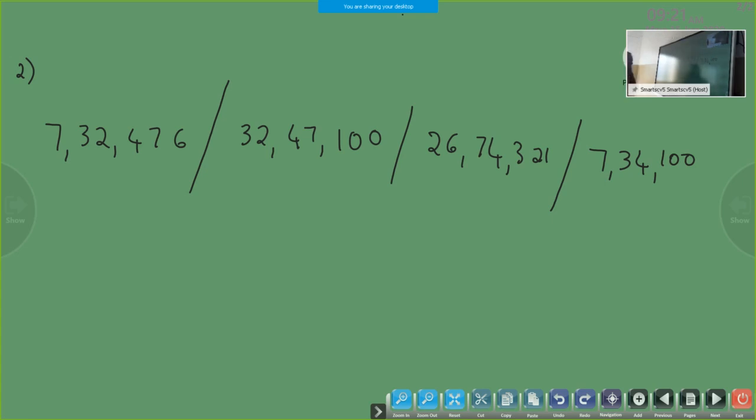Fast, fast. Which is the smaller one, Arshia? 7 lakh. Is 34,000 the smaller one?